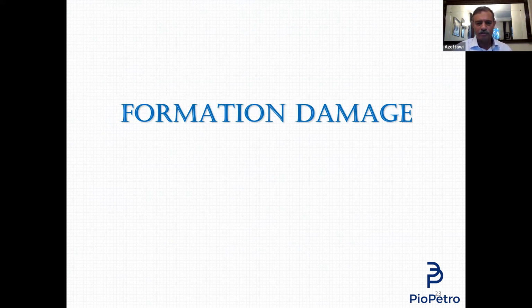Too easy to damage. There are so many ways to damage formation. But if we need to talk about the 2 most common or most important factors that damage formation, it is pressure and fluid.